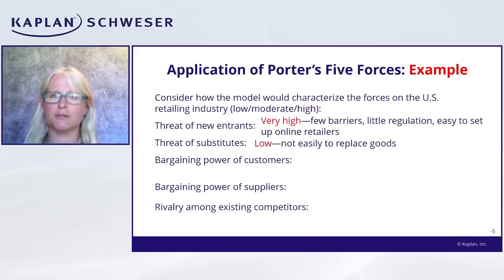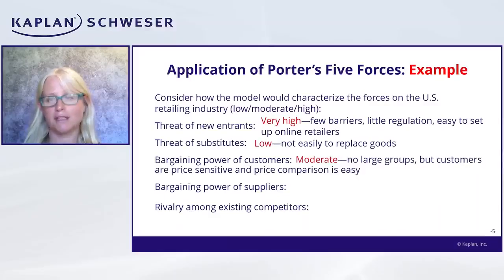Threat of substitutes, we're taking quite a wide definition of the industry here, so we'd say that's relatively low. Bargaining power of customers, well, moderate. It's not like they act as a pack. However, the internet has definitely led to more awareness of prices, price pressure. Certainly if you're buying relatively big things, most people will do a price comparison online first.